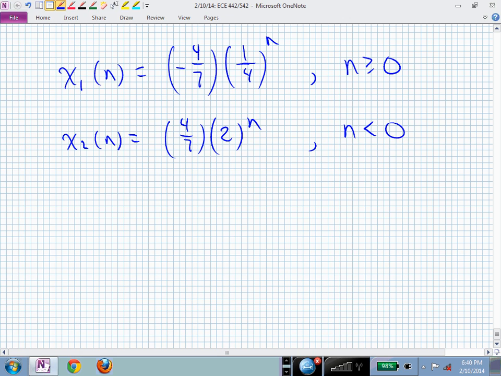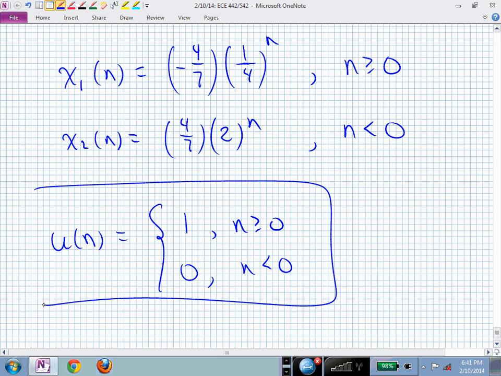If I now used u of n to be the unit step, meaning this is 1 for n greater than or equal to 0 and 0 when the argument is negative, a lot of times we abuse that, and I now say u of n might be a generic input. So don't assume u of n is always the unit step. Is that clear? That's the overuse of u of n.